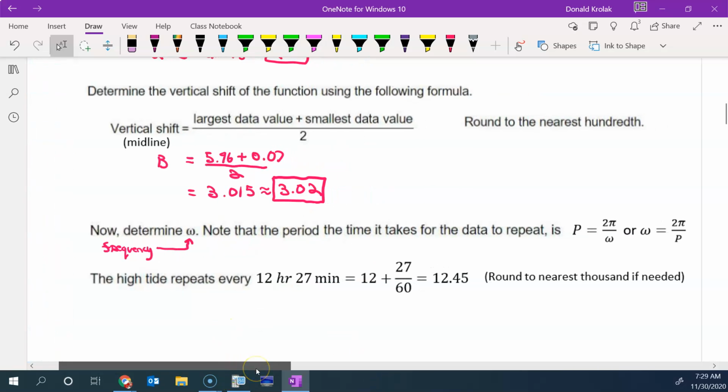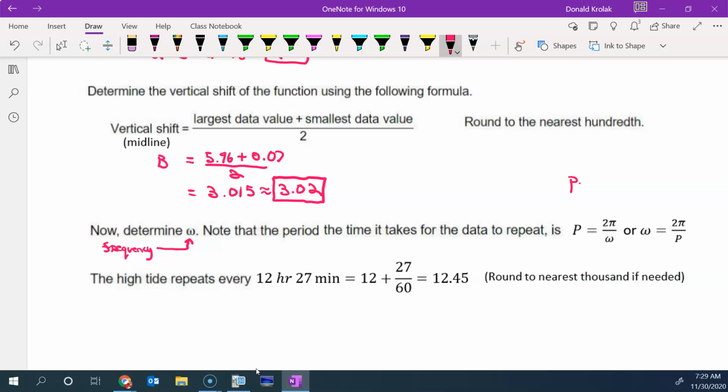Now the way that we did this was we took the formula that we usually used, the period is 2 pi divided by, when we first did it, since we used the letter little b, it was that.